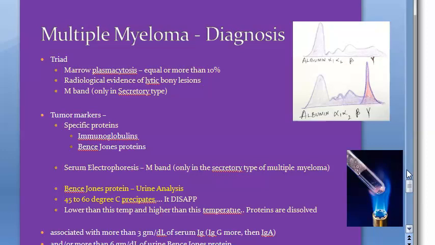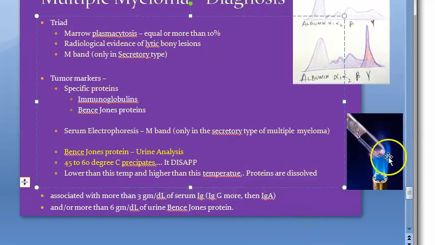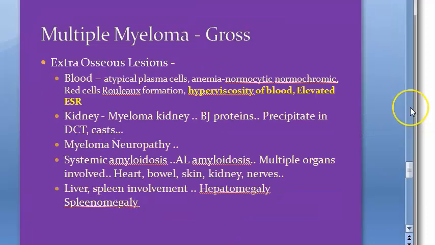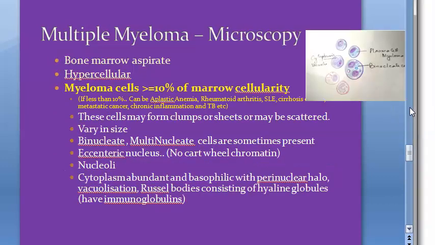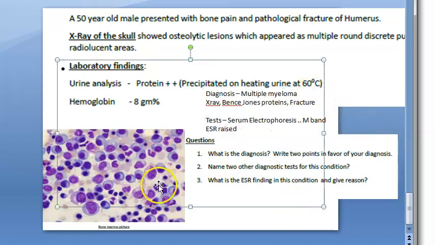Bence-Jones proteins, same thing. More than 3 gram per deciliter of serum immunoglobulins. ESR also they have mentioned. ESR raised. You can say ESR raised because the third question is ESR.